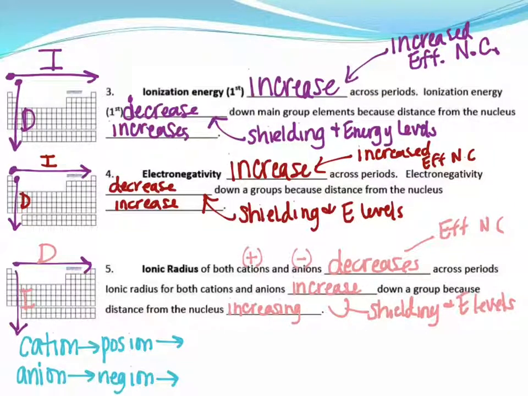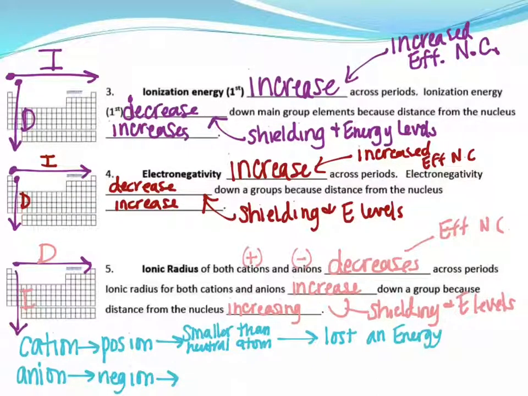So a cation is smaller than its neutral atom, and that is because we have lost an energy level. Okay? So a cation is positive. It's smaller than a neutral atom because it has lost an energy level.